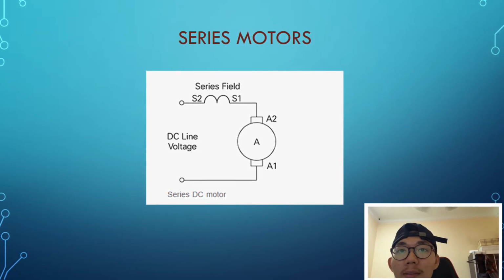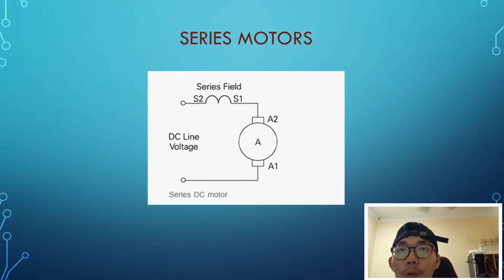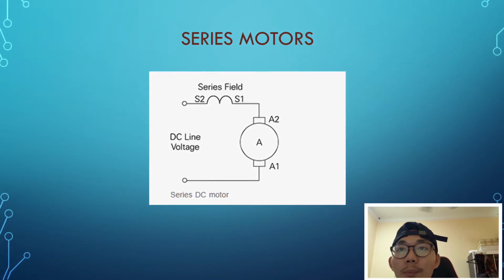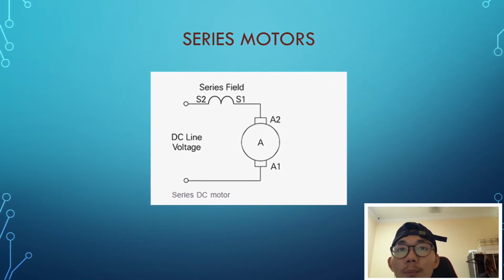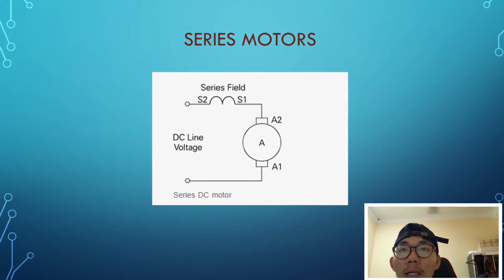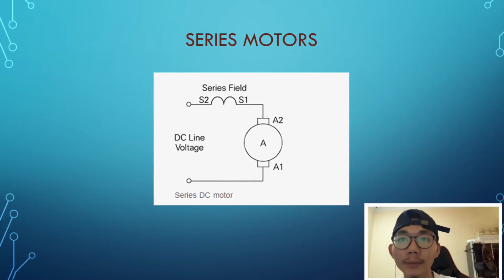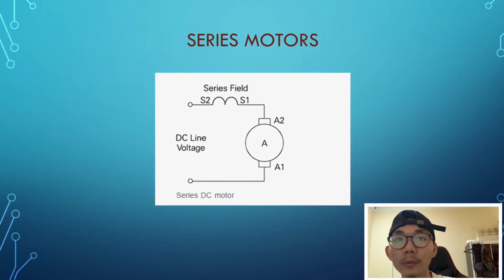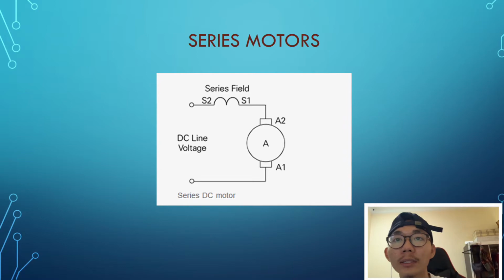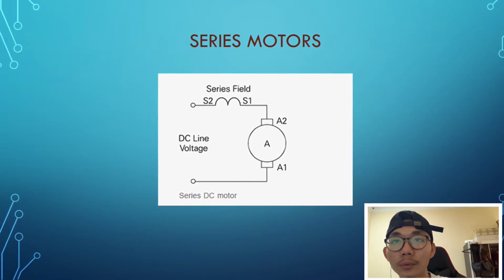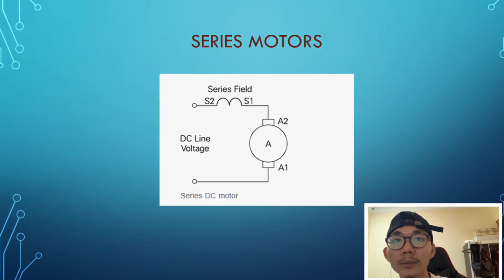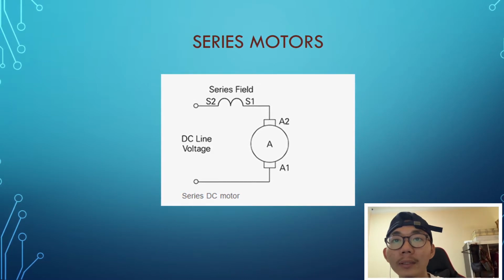A characteristic of series motor is that the motor develops a large amount of starting torque. However, speed varies widely between no load and full load. Some motors cannot be used where a constant speed is required under varying load.